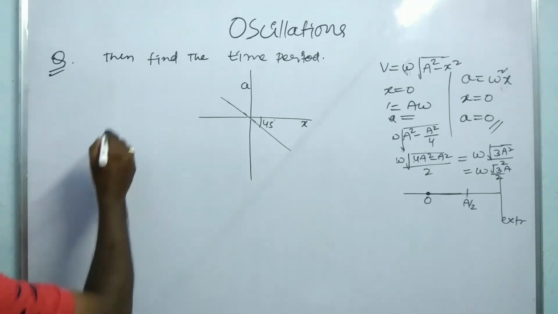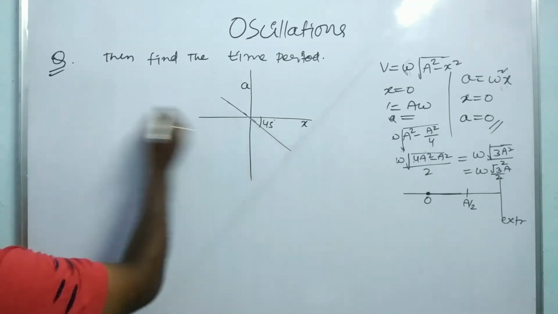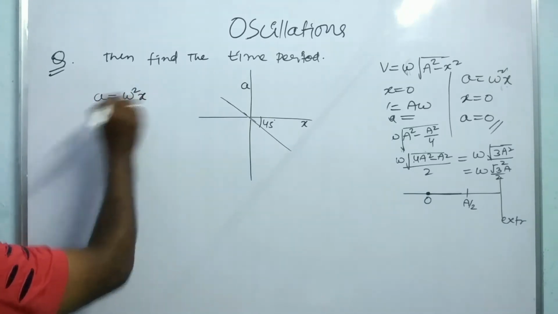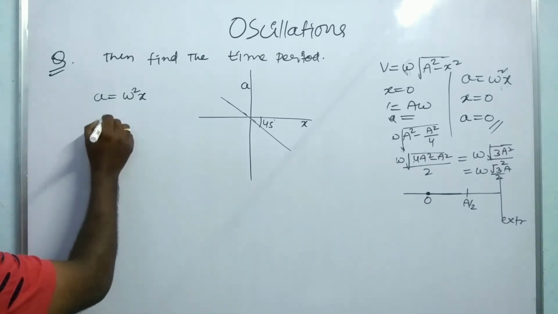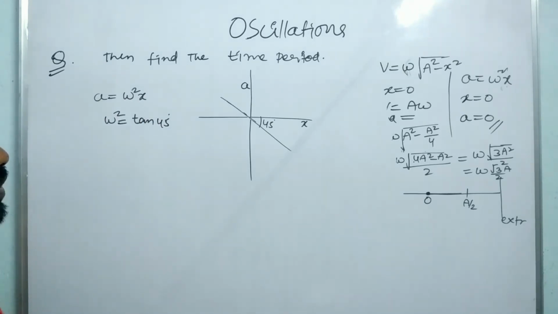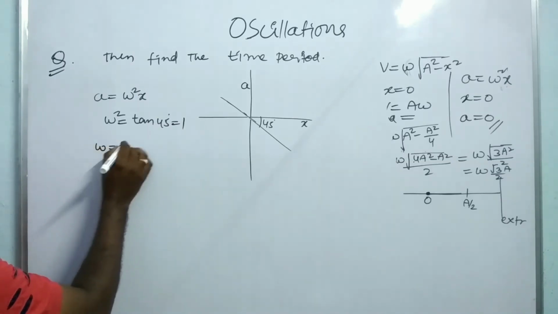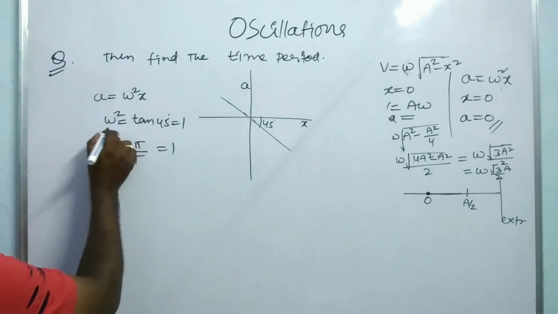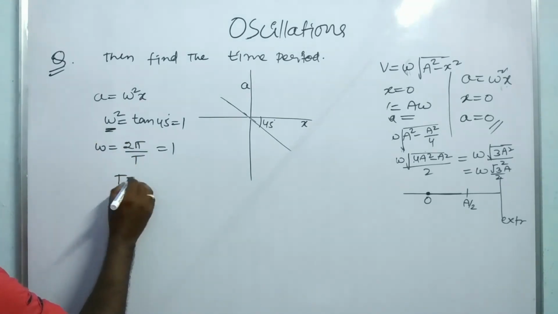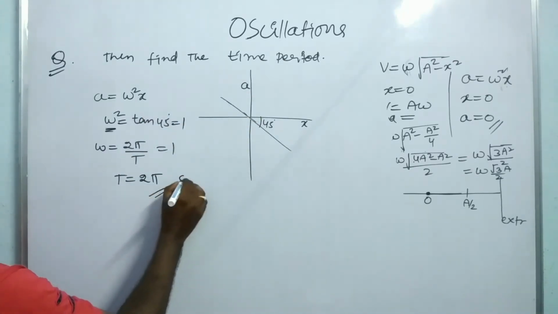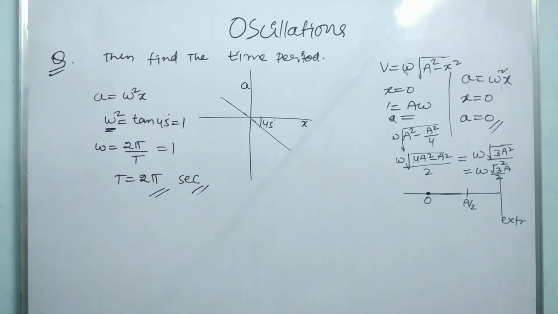Here we can write that acceleration A is equal to omega square x. Here omega square is equal to tan 45, which is equal to 1. So omega is equal to 2 pi by T, and 2 pi by T is equal to 1 because omega square is equal to 1. So the time period T is equal to 2 pi seconds.